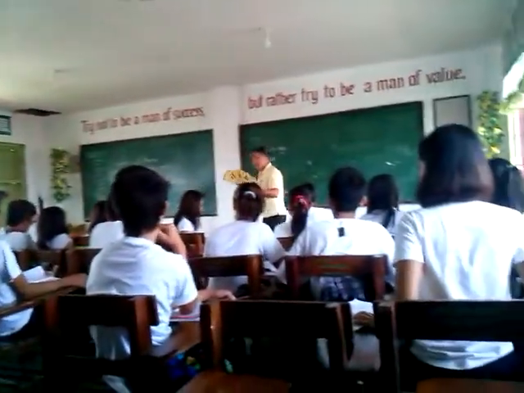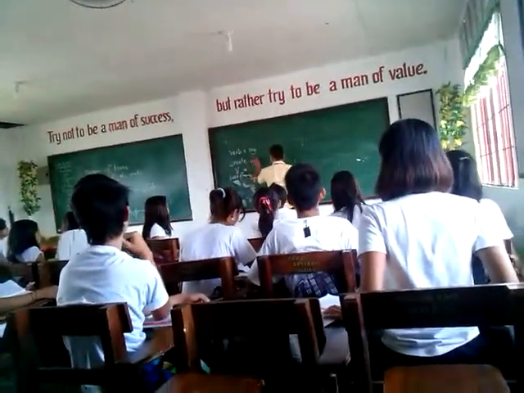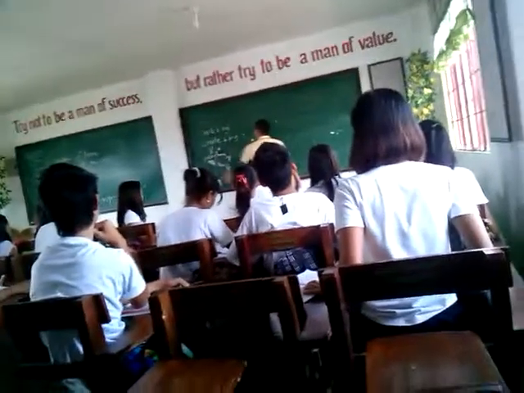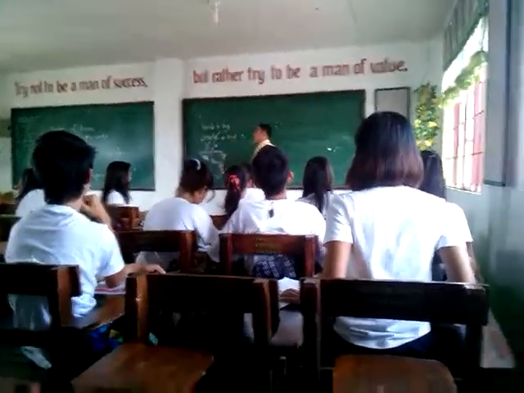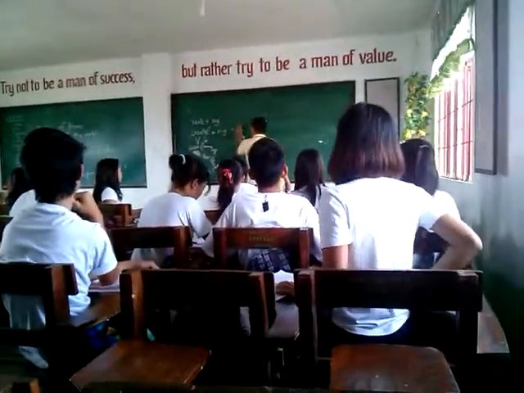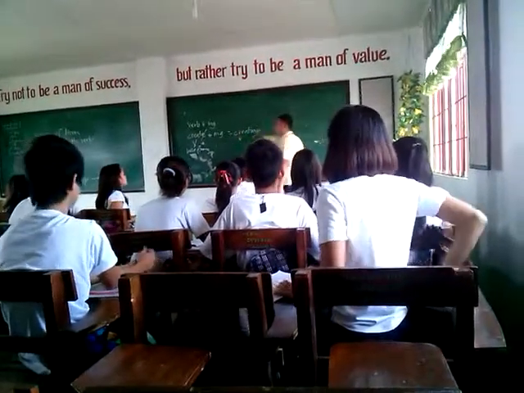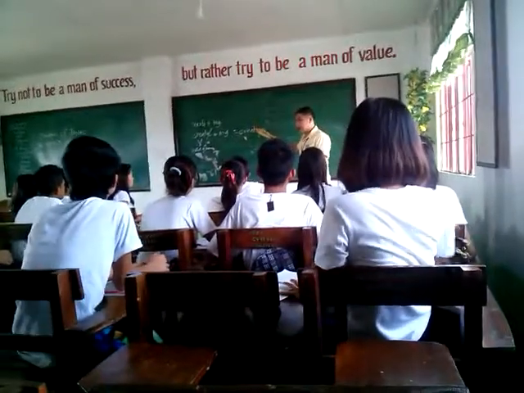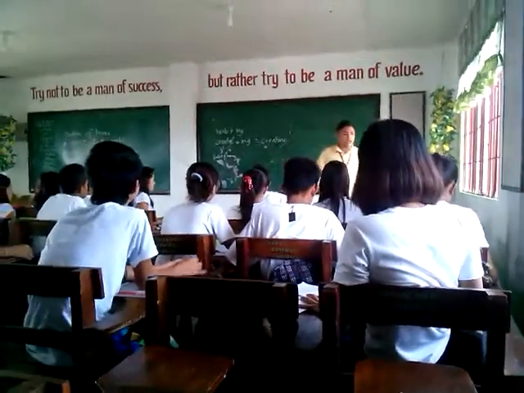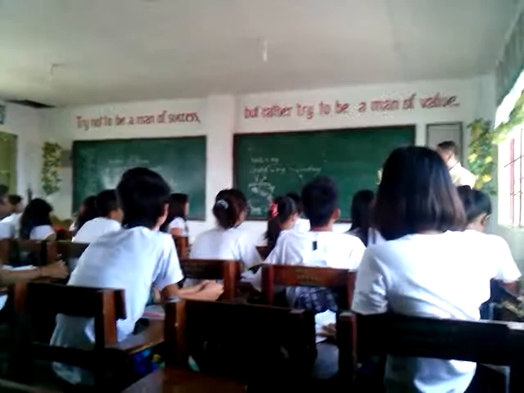Add ing. Yes. Okay, add ing, so we need to cancel the letter e, then we add ing. Creating. Okay, creating. Now, is this an example of gerund? Yes. Okay, this is an example of gerund.